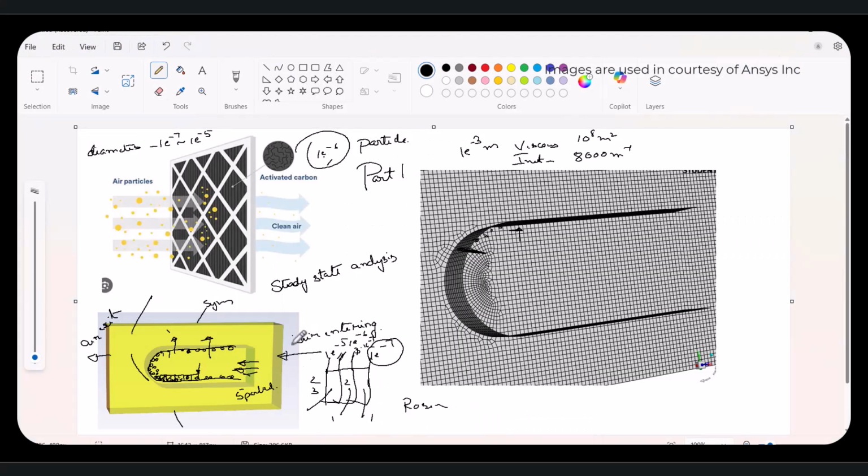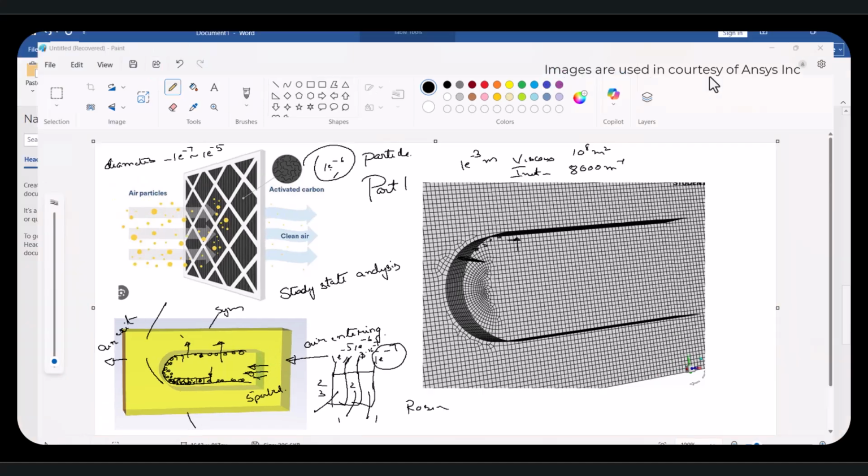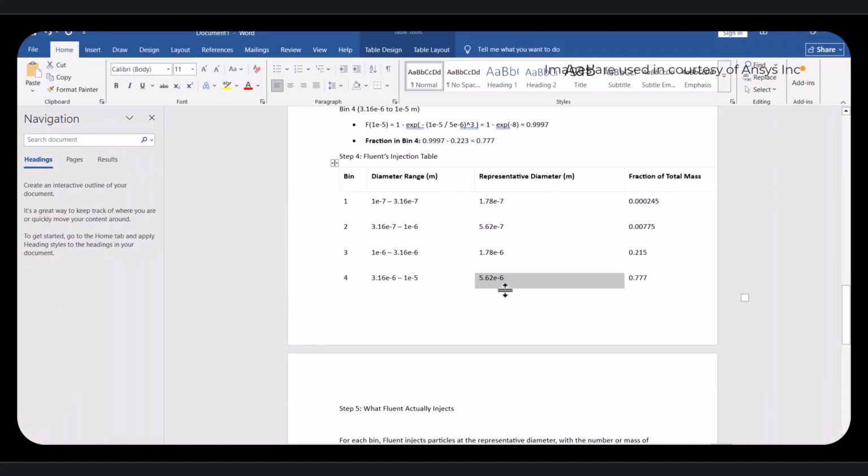As you see here, from this injection point, these are the 4 particle diameters. If you give 4 bins. Now I have mentioned 10 bins, so accordingly 10 diameters will come, which are not integers at all; they would be real numbers, okay? And what is the amount of mass that each takes? For example, we have given 1e-10 kg per second as the mass flow rate, out of which this would be 0.00245 times 1e-10, and this is 0.00775 times 1e-10.